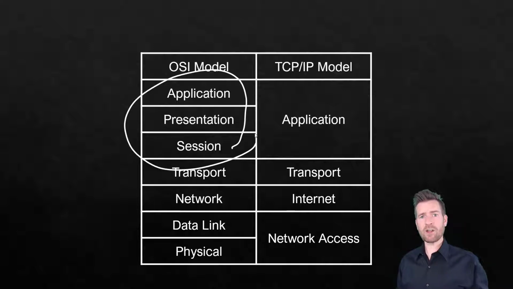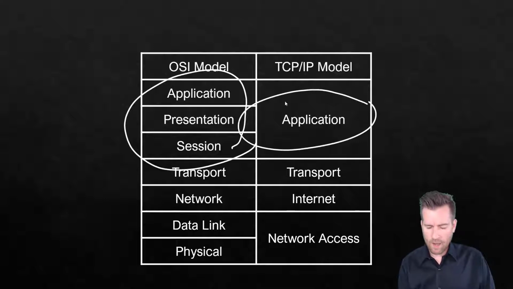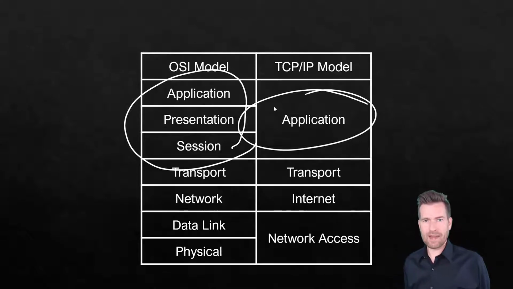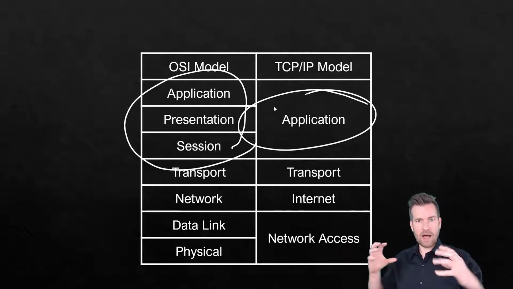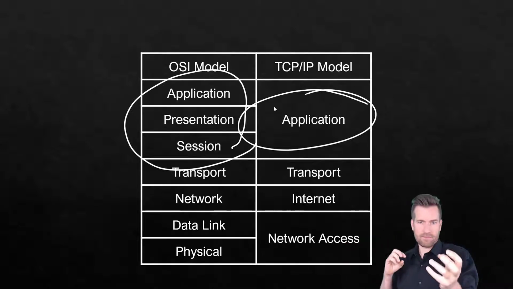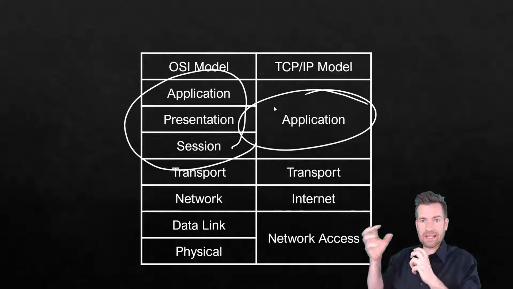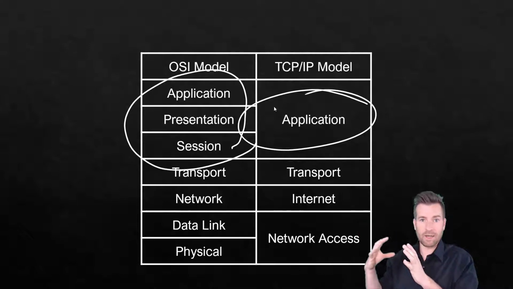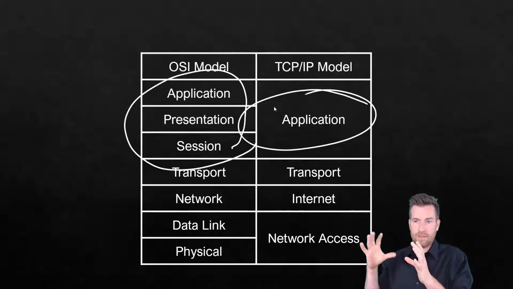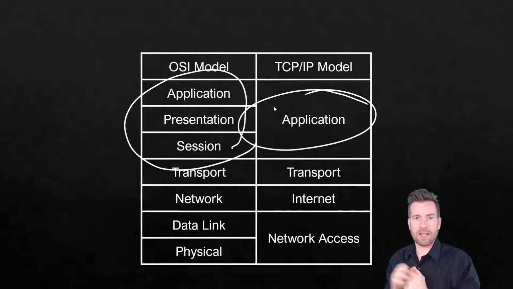Although with some of our newer protocols, it really is all combined into one layer. And the reason for that is that we combine, let's say, the encryption into the protocol at the application layer itself.